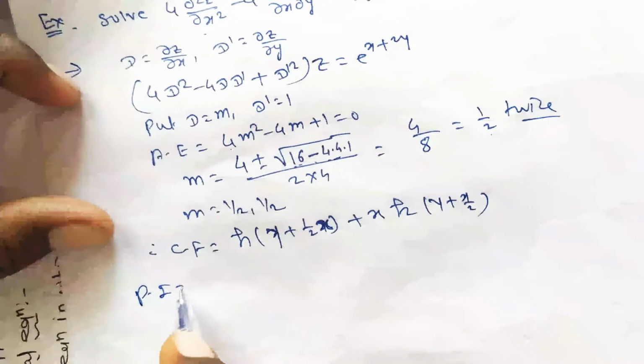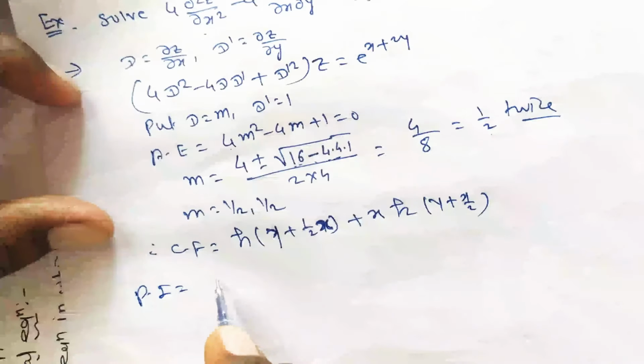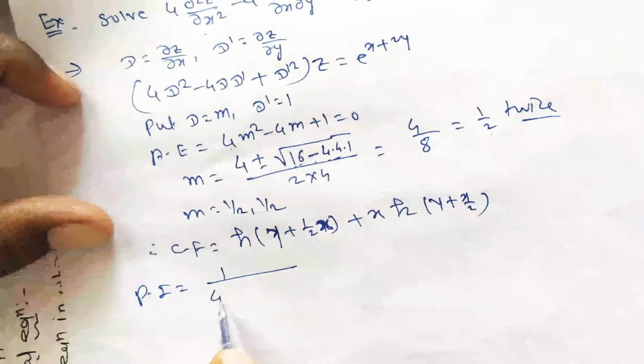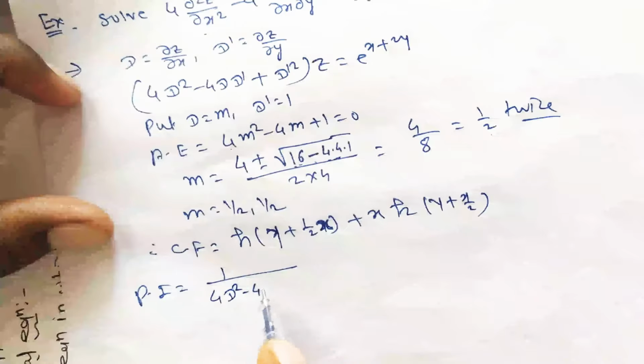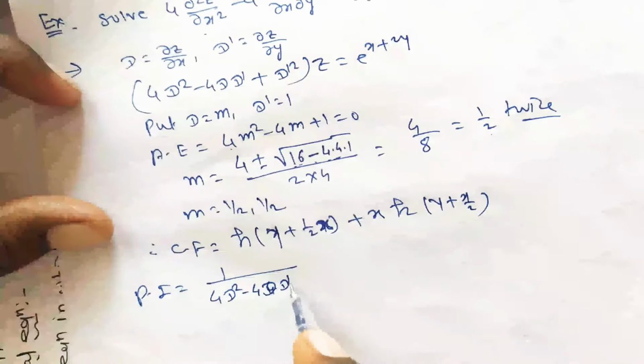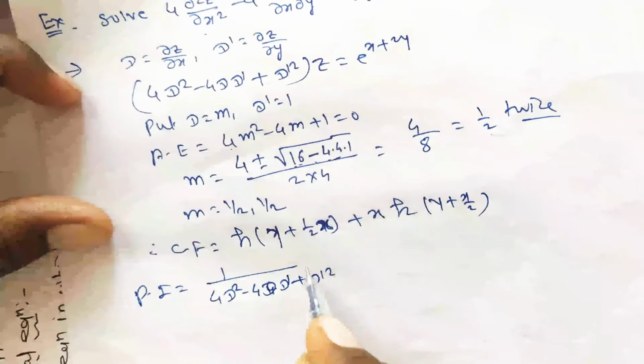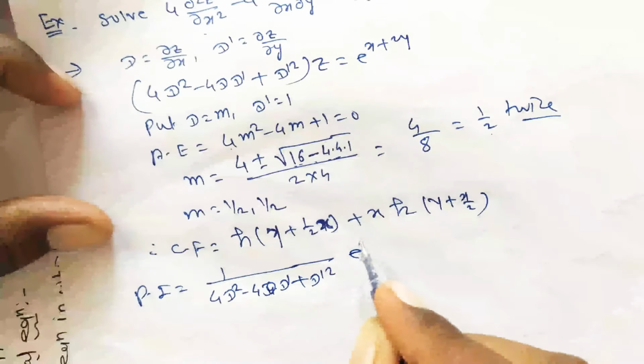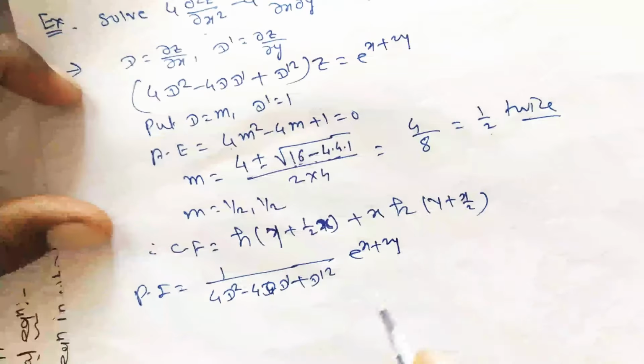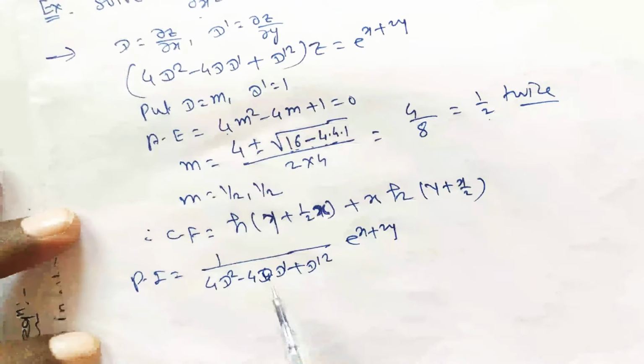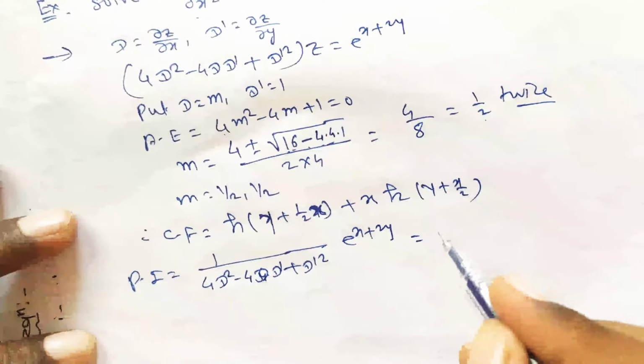For PI we have to use the formula. PI is equal to 1 upon phi of D, D dash, that is 4D² minus 4DD' plus D'², into f of x, y, which is e to the power x plus 2y. So we have to put D equal to a and D dash equal to b.